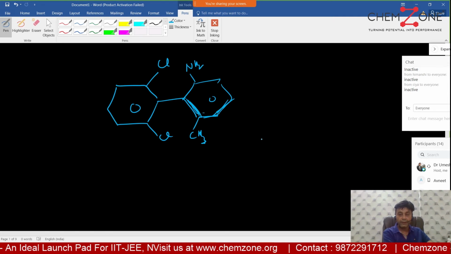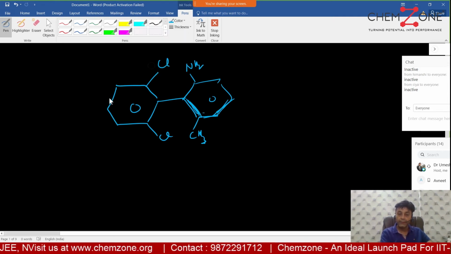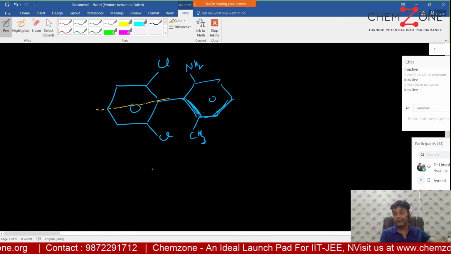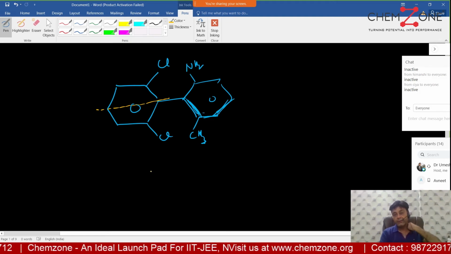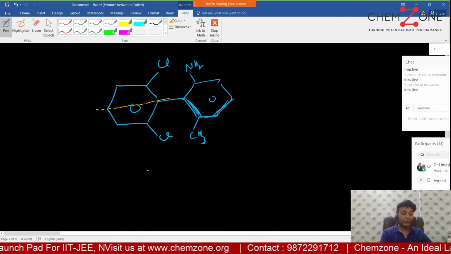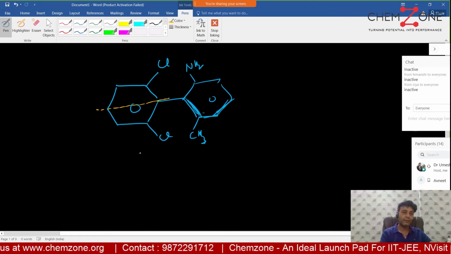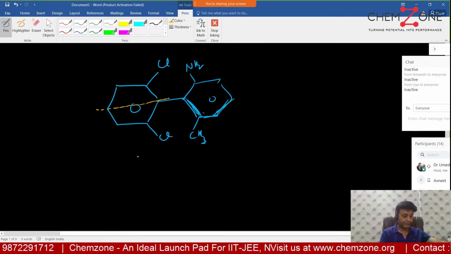Inactive, because here we are finding a plane of symmetry in one ring. Both the rings should have dissymmetry, right? So this is how to find out whether it is optically active or inactive in spiranes, in alkylidenes, in case of alkenes, in meso compounds, and so on.